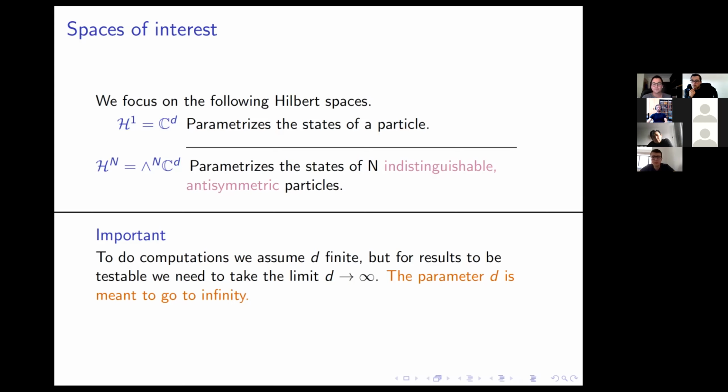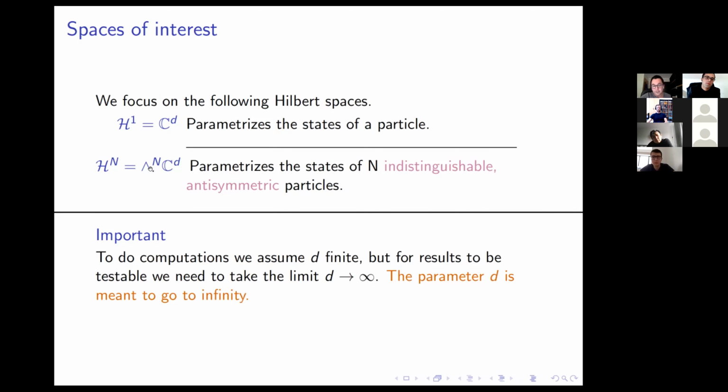In this case, this will be a space of n fermions, meaning they are indistinguishable, so now you have some sort of symmetry property, but not just indistinguishable, also antisymmetric. This forces you to consider the exterior product, the wedge product, n times of C to the D, which is again a finite vector space. And the idea is we are thinking of these factors as being indistinguishable and antisymmetric.